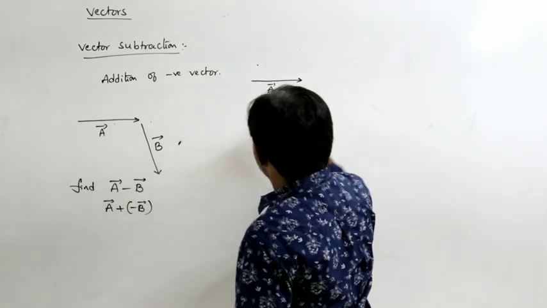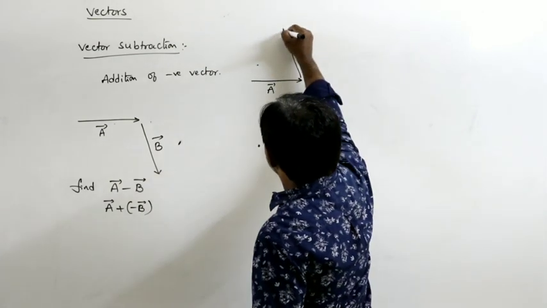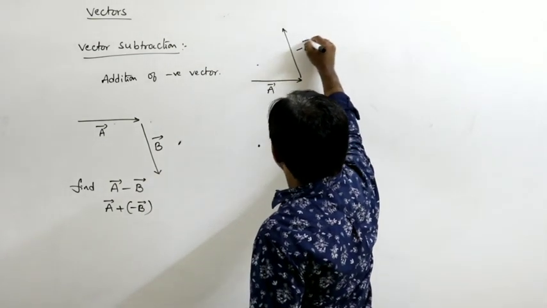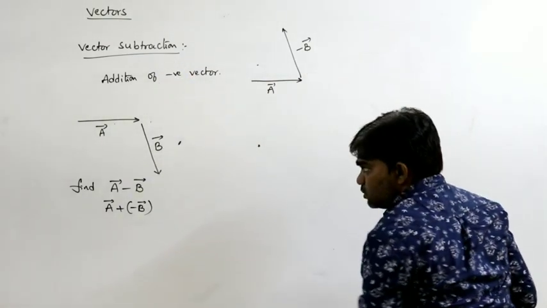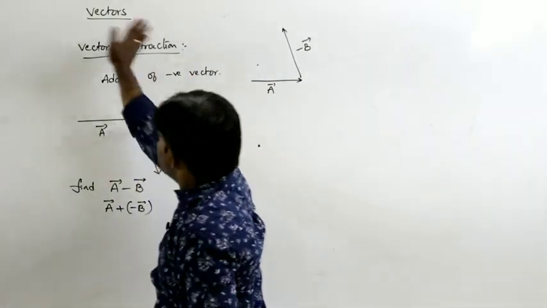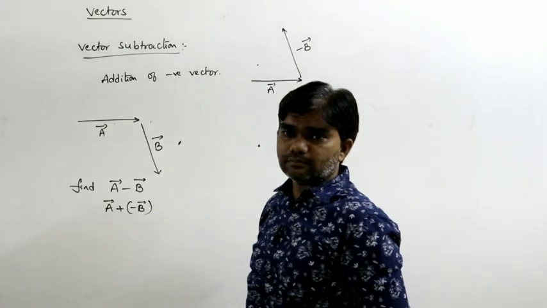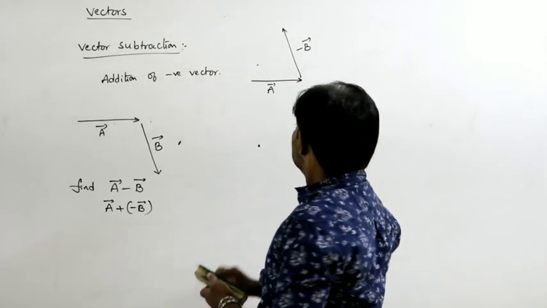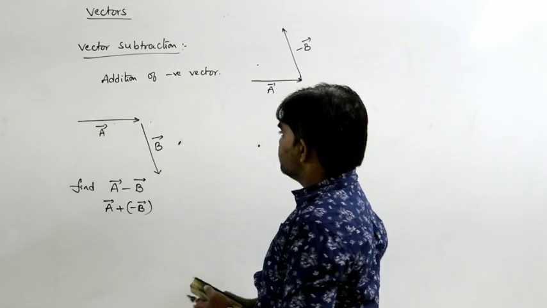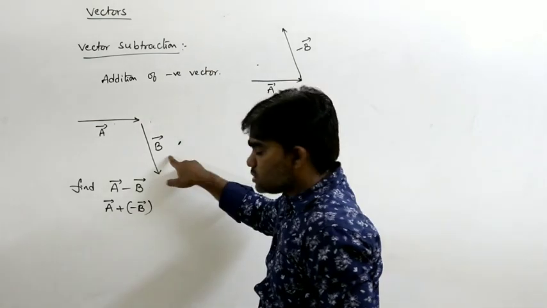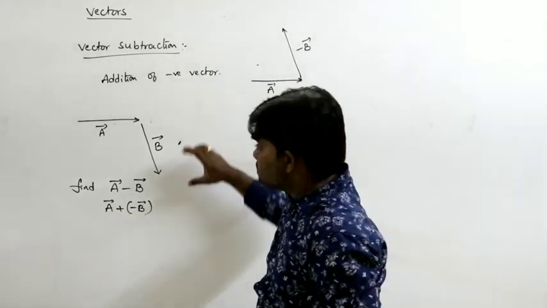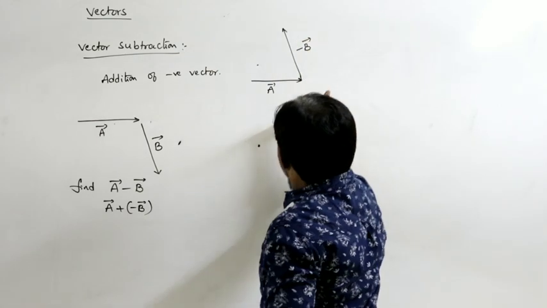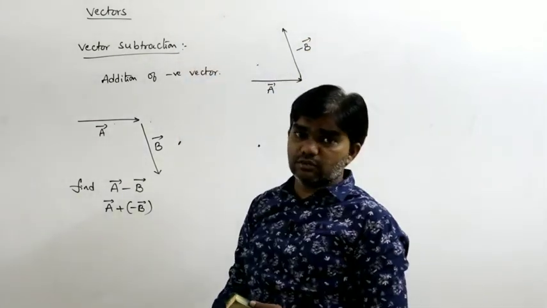So this is the direction of B bar, and the exactly opposite is minus B bar. This is the direction of the original vector. Negative vector means it has the same magnitude but exactly opposite direction, like that.